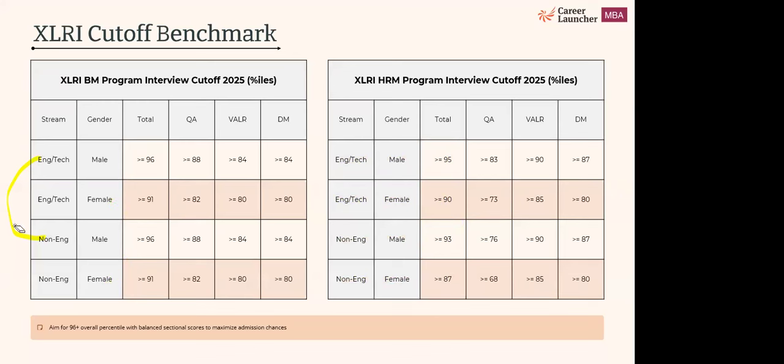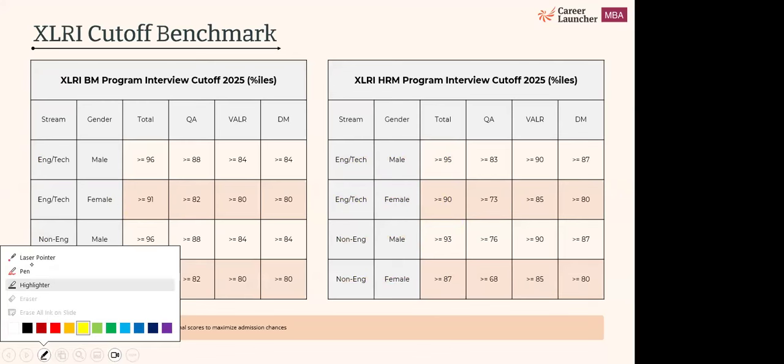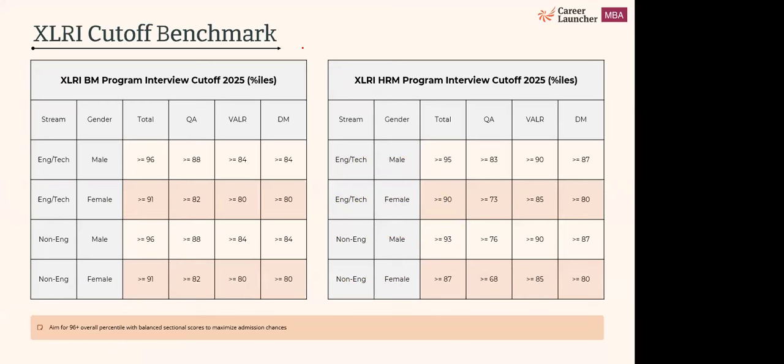In general, I would say, as far as XLRI is concerned, for English or verbal, you should be looking at a 90 percentile cutoff for HRM. HRM you should look at 90 percentile. BM you should look at 84 percentile.